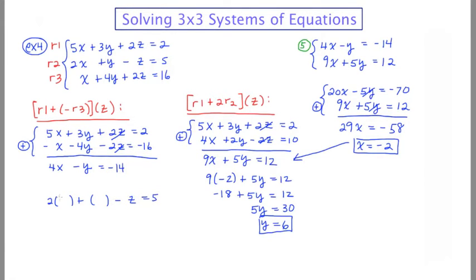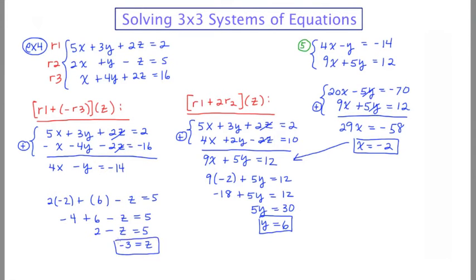Now for x we got negative 2, for y we got 6, and now I can solve for z pretty easily. Negative 4 plus 6 minus z is equal to 5, or 2 minus z is equal to 5, or z is equal to -3.